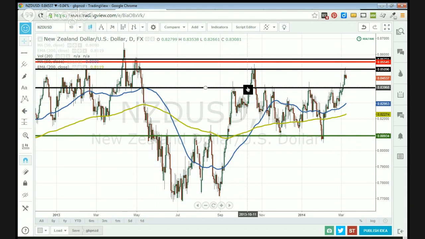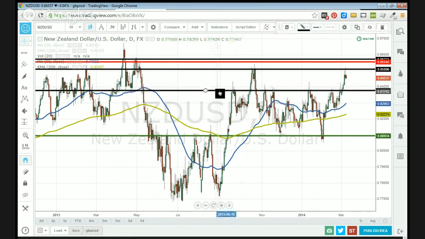So for 45 pips, I need to get at least 135 pips. 135 pips would put me at 83.75. Well, that could be an interesting profit target.